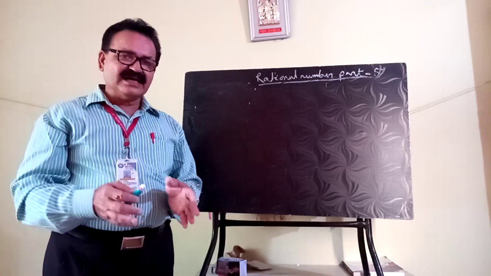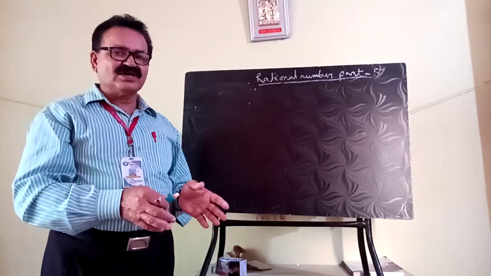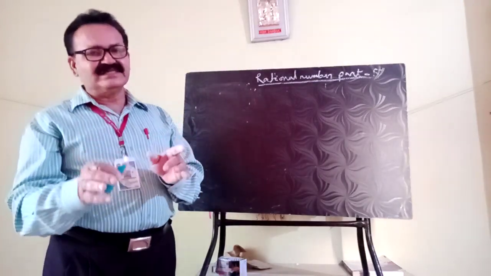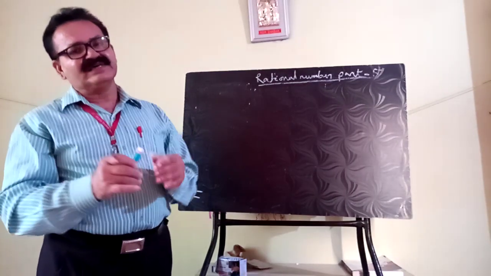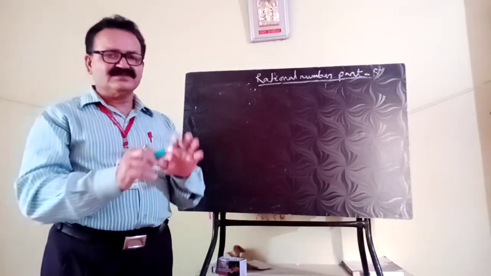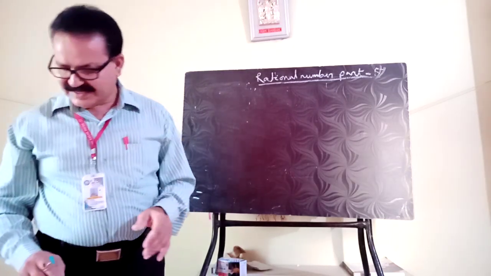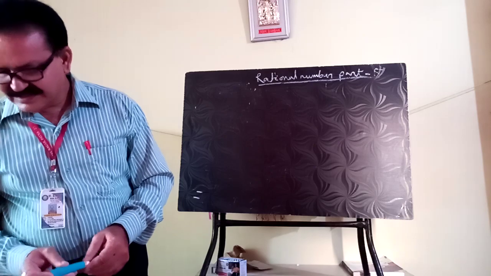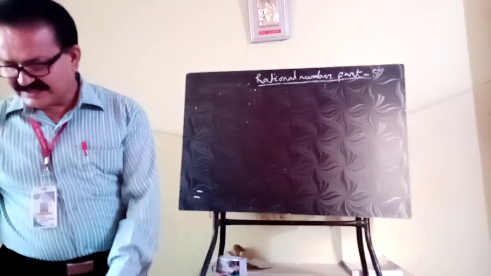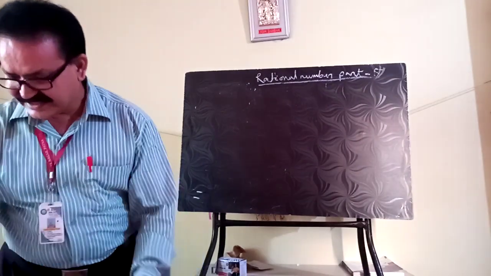Similarly, you write RHS and you also try to solve it, and at the end you will see the value you have got in LHS is equal to the value that you have got in RHS, both will be same, hence it is verified. Okay, let me show you one example for your verification.